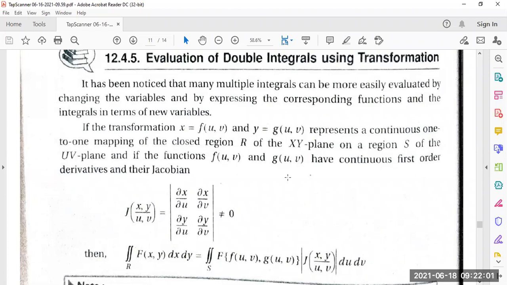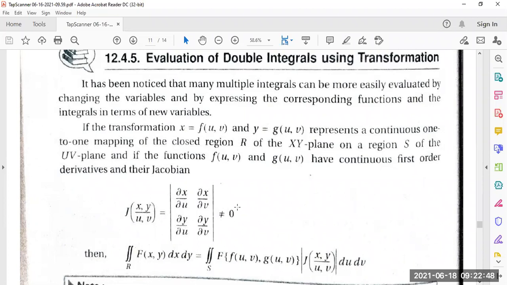and if the functions f of uv and g of uv have continuous first order derivatives, and their Jacobian, which you have already studied as a determinant, J of xy by uv, is taken row wise: the first row is x partially differentiated with respect to u and with respect to v, that is del x del u, del x del v, and the second row is del y del u, del y del v.